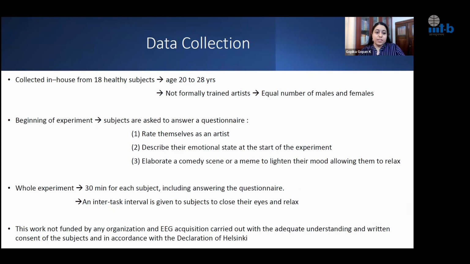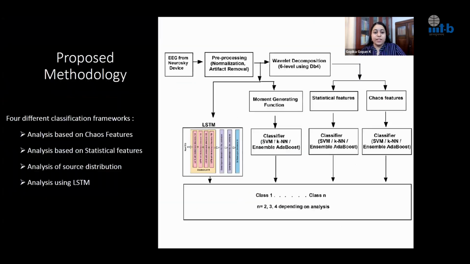At the beginning of the experiment, they had to answer a questionnaire which consisted of rating themselves as an artist, describing their emotional state at the start of the experiment, and also elaborating a comedy scene or meme just to lighten their mood. The whole experiment was 30 minutes with an intertask interval of 1 minute. Now, this work was not funded by any organization, and due consent was obtained from the subjects, and it was carried out in accordance with the Declaration of Helsinki.